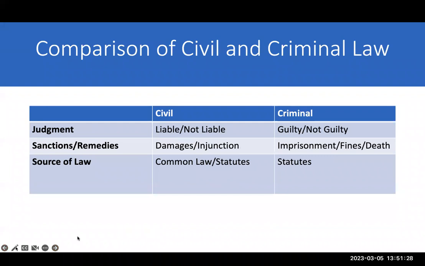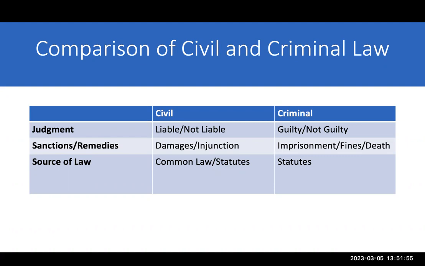Okay, the different types of remedies result in civil and criminal law. In a civil matter, the defendant is either liable or not liable, whereas in a criminal case, they're guilty or not guilty. In civil cases, primarily we seek damages for wrongs or injunctions, prohibition against engaging in certain conduct.